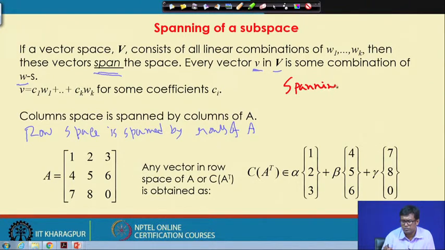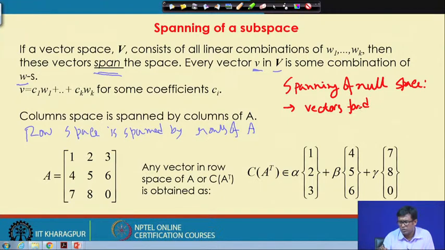the vectors found using free variables span the null space.